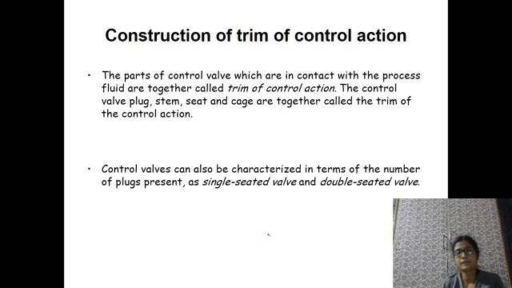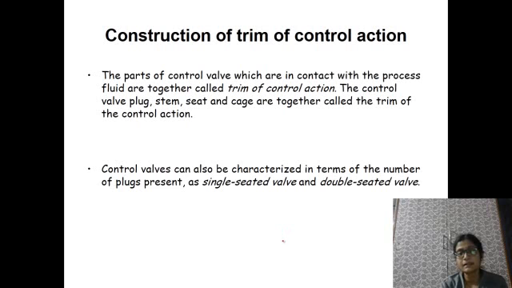Control valves can also be characterized in terms of the number of plugs present: single seated valve, double seated valve. In last class I mentioned that there is a typical disadvantage of the single seated valve, and other types of valves are available.